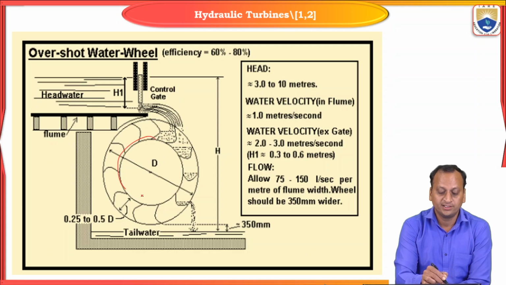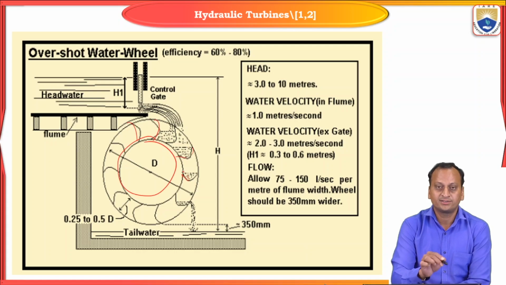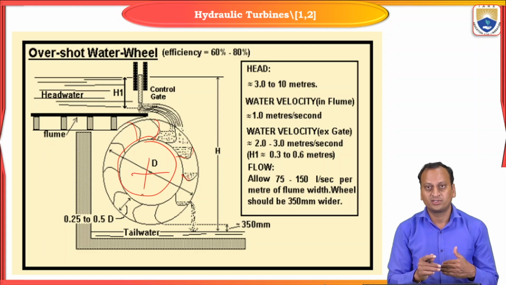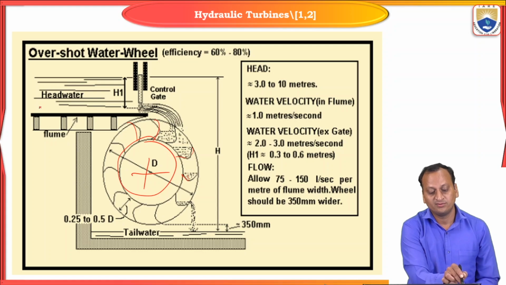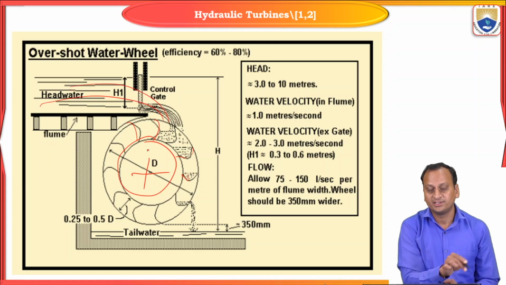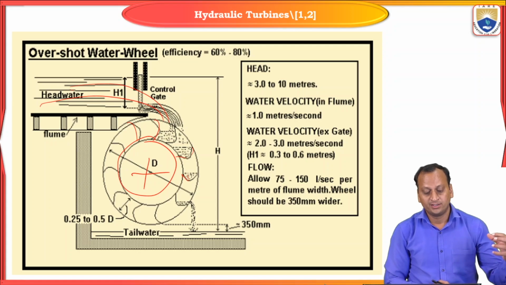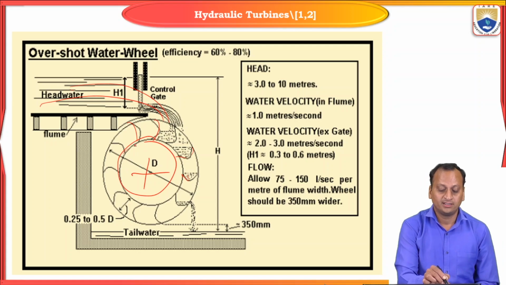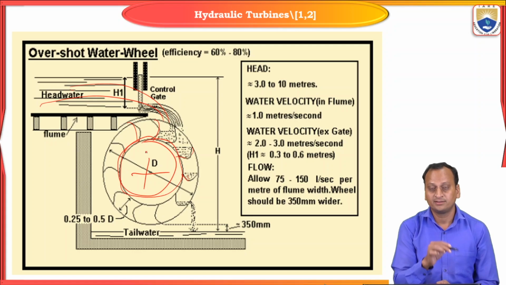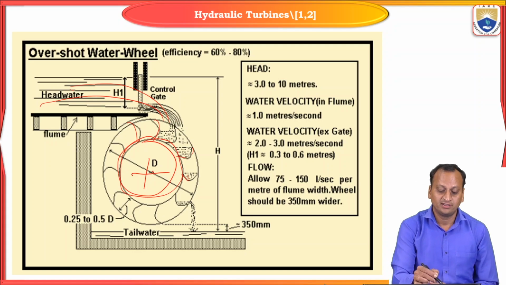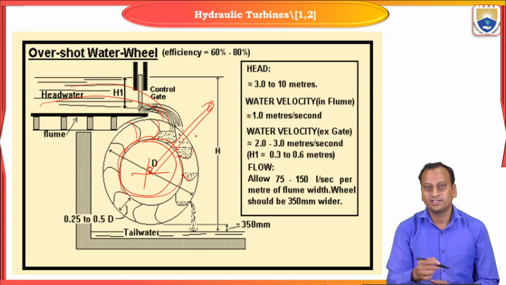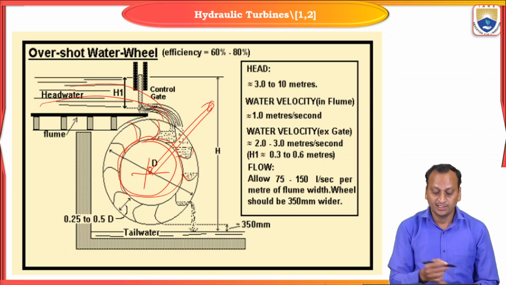Here there is a wooden wheel with different curved blades, kept on one shaft, over which the water is allowed to fall onto this wooden wheel. Due to the water force, the wooden wheel tries to rotate. While rotating, it rotates the shaft also. The shaft is connected to a generator which develops the power.